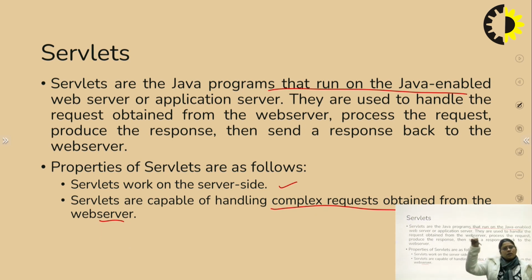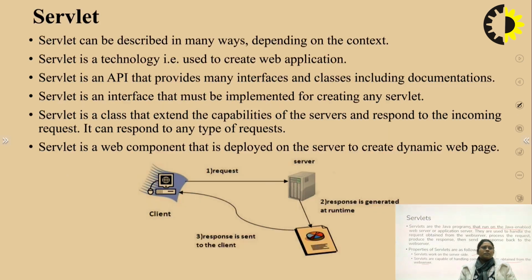Then this HTTP request goes to the web server, which is called a web container, and the request goes from the web server to the servlet. Servlet will execute this request, and the response goes back to the web server, and then the web server will transmit this response to the client. This is the working of the servlet. I will explain the whole servlet life cycle in detail in the next slides.